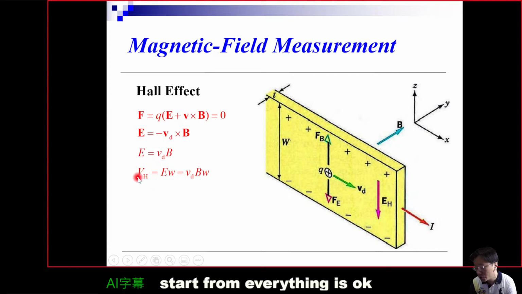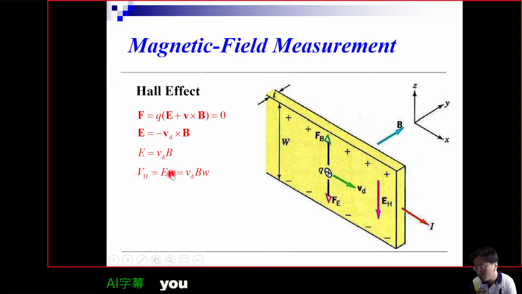V_H is the Hall voltage, the voltage difference from the top to bottom. That is correlated with the electric field and the width, so V_H is equal to E times W.